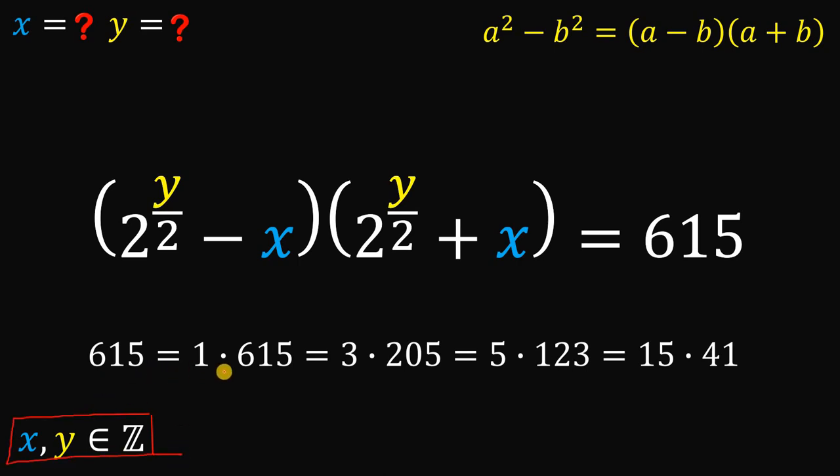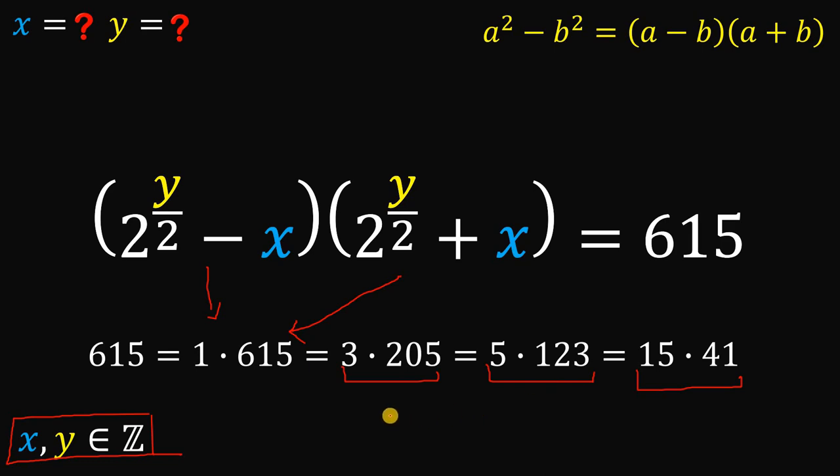Now, 615 can be factored as 1 times 615, 3 times 205, 5 times 123, and 15 times 41. So, we can say that 2 raised to y over 2 minus x can be equal to 1, and 2 raised to y over 2 plus x can be equal to 615, and so on and so forth.